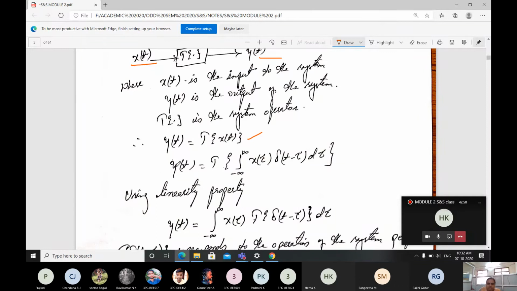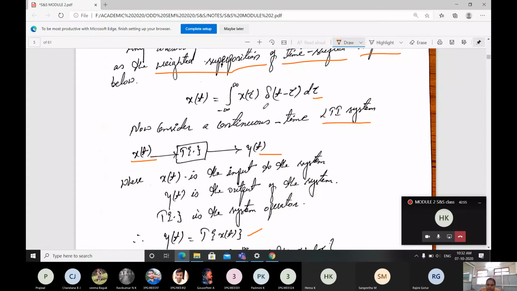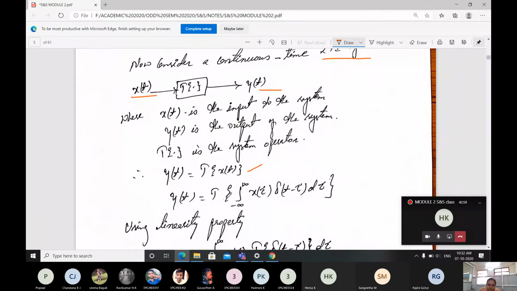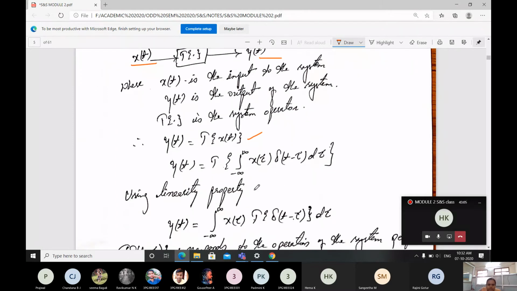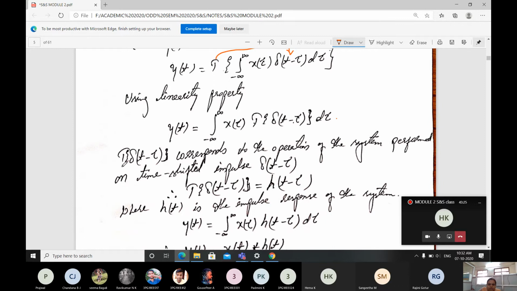Then y of t is nothing but, substituting our x of t from this equation, the integration from minus infinity to plus infinity of x of tau delta of t minus tau d tau, with operator T applied. Using the linearity property, we apply the operator only to the impulse function. So y of t is the integral of x of tau times T of delta of t minus tau, d tau.